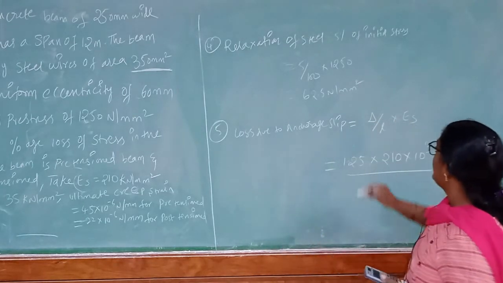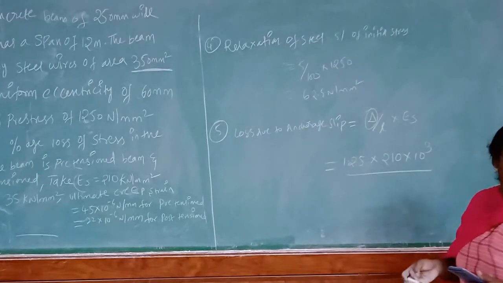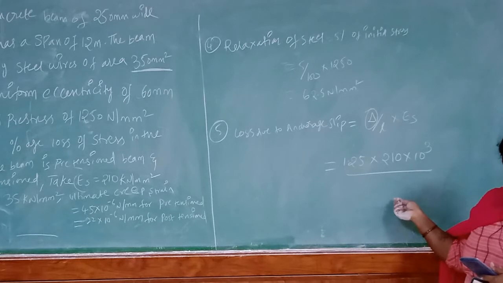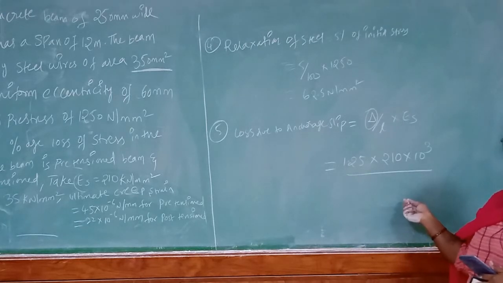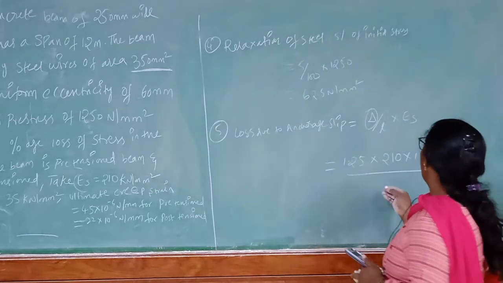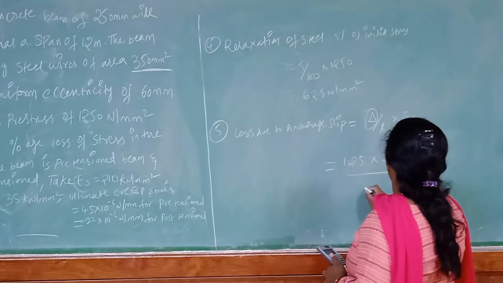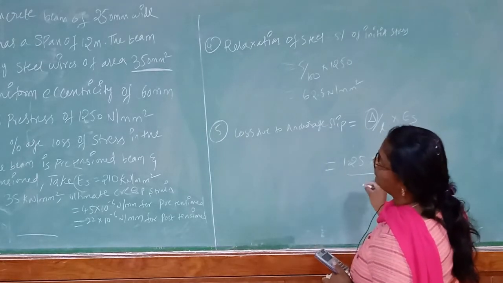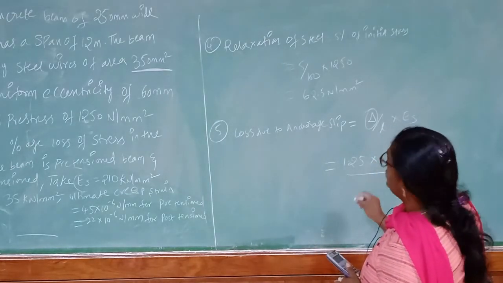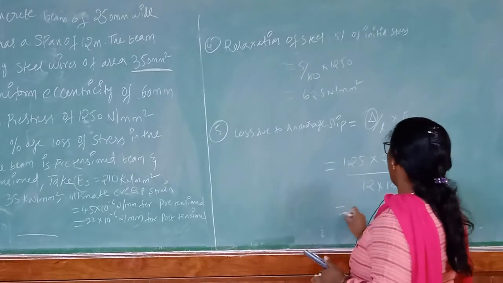Delta is the smaller value which we take as the anchor slip. The anchor slip will be very small. You can check it in your code book, right? L is the distance; how much have they given? 12 meters, 12 into 1000. So what will be the value here?